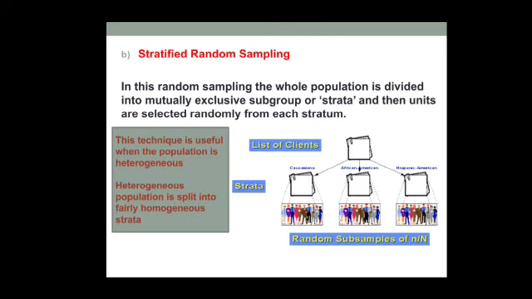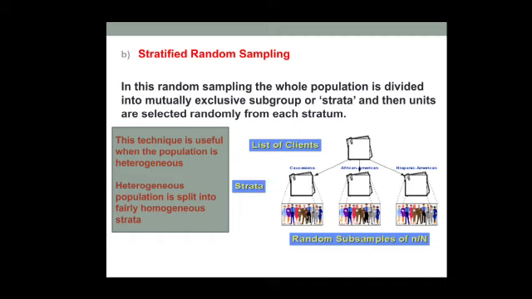Then the second one is stratified random sampling. In stratified random sampling, the entire population we are about to study is divided into different groups, subgroups, and each subgroup is called a strata. And in each strata, the units are selected randomly.